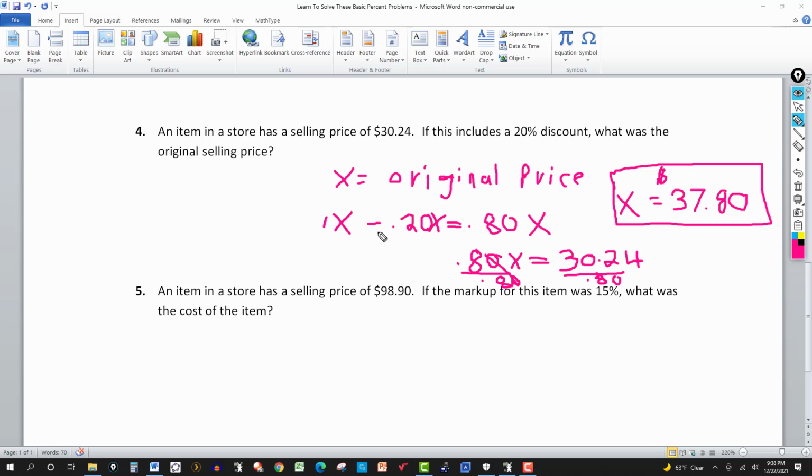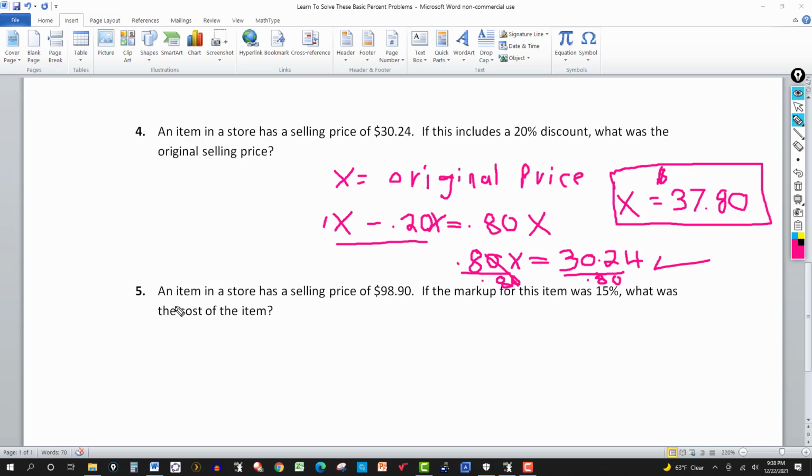So another way you could write this without doing this part right here is you could just say, okay, the original price is being discounted 20%, so you're actually just paying 80%. So you could go from that to this part right here. But either way, the original selling price is 37.80.